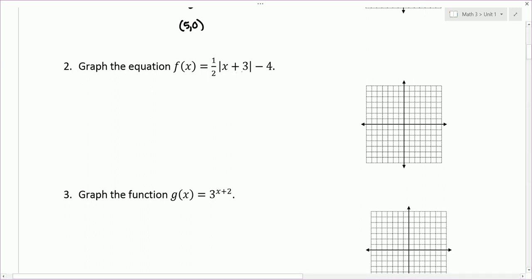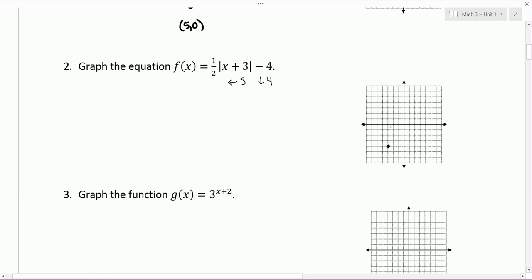So that plus 3 inside the absolute value is going to translate the parent graph left 3. And that minus 4 tagged on at the end is going to translate the parent graph down 4. So from 0, 0, I'm going to move left 3, down 4 to get my first point.